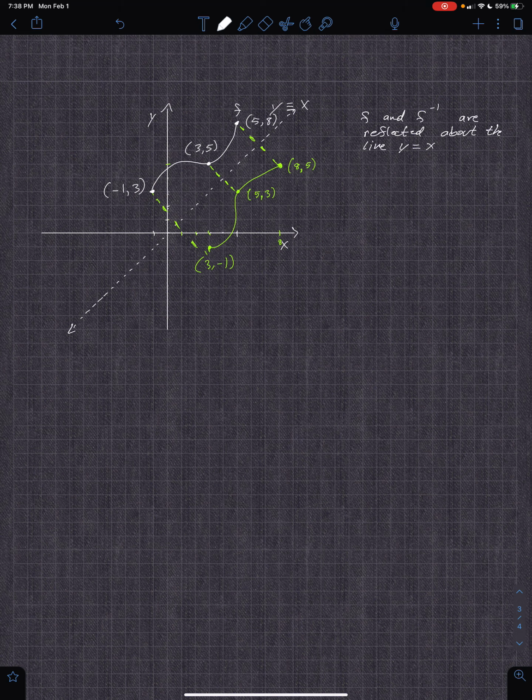So it's not like you're copying it over. It's like taking this page here and then folding it, and you're going to get this image. Notice that the domain and range are interchanged.